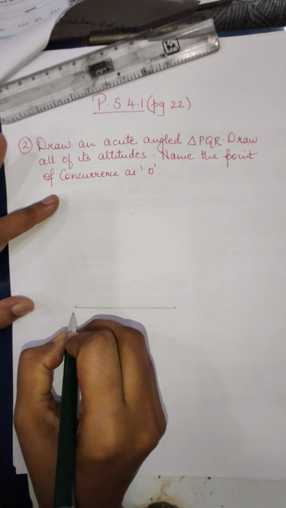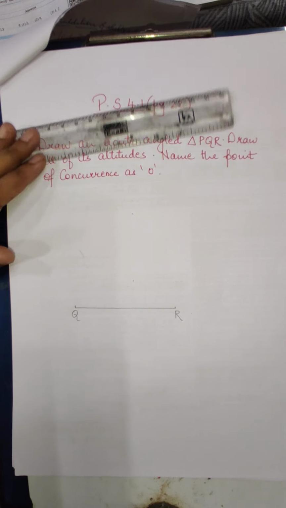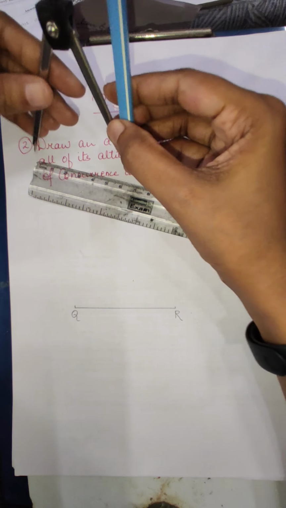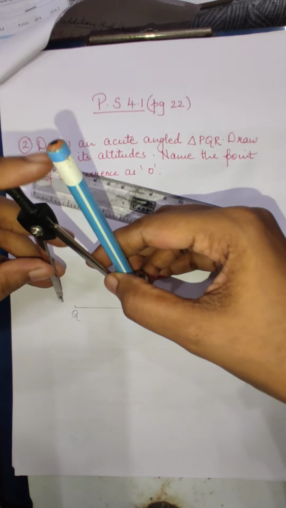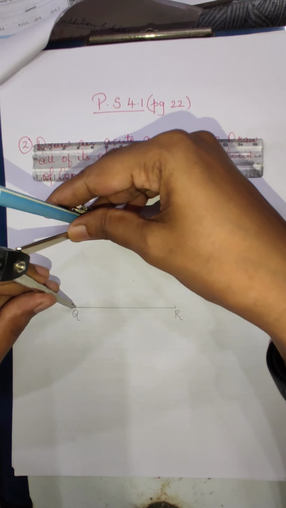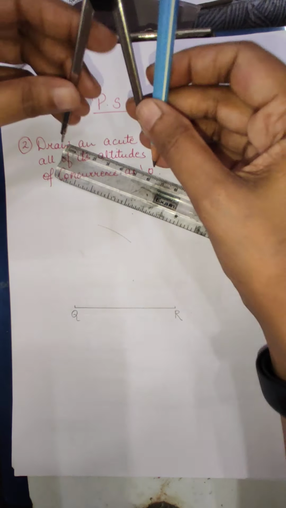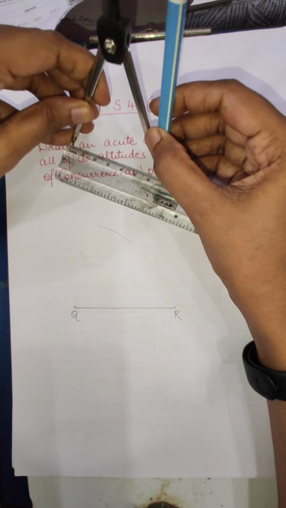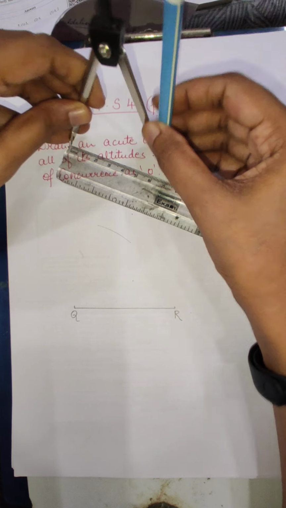What is the name? PQR. So QR. I am measuring 6 centimeter now. Keeping it on point Q, make an arc. Then again take 7 centimeter or say 6.5 centimeter.